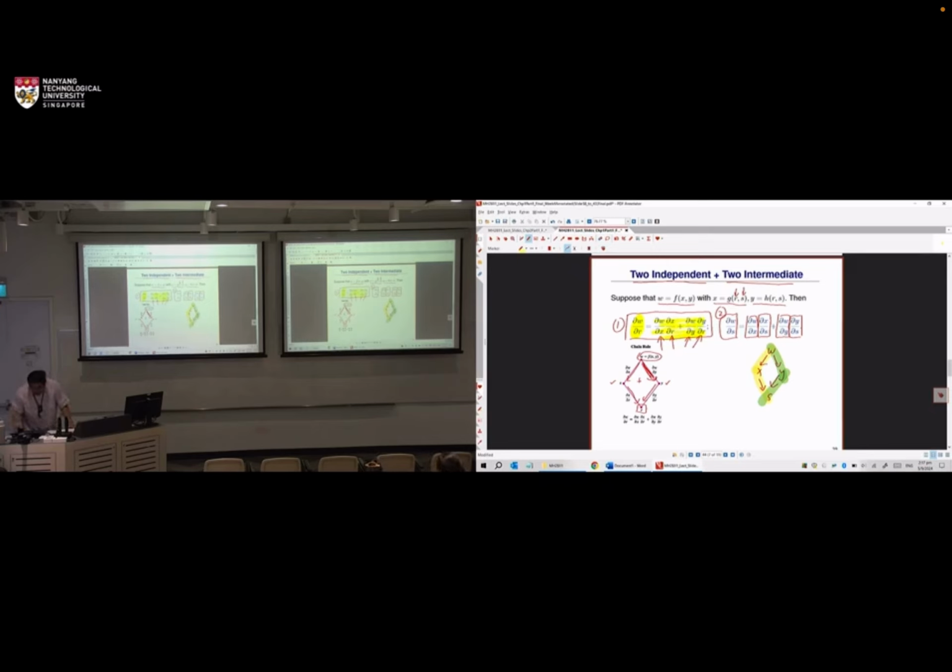And then you have the second answer, del W, del S, which you form from here, plus you form from here, the second term. So you need to give me 2 answers if there are 2 independent. It's because of these 2 independent variables, so there are 2 diagrams, and that's why there are 2 sets of answers.